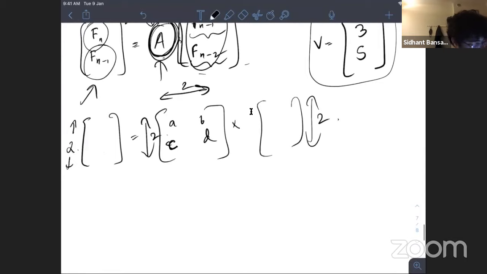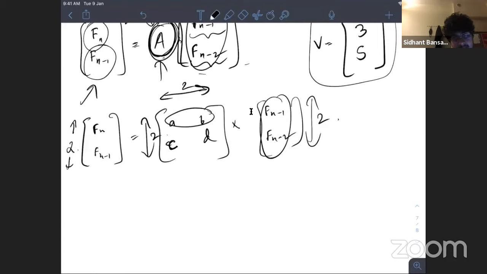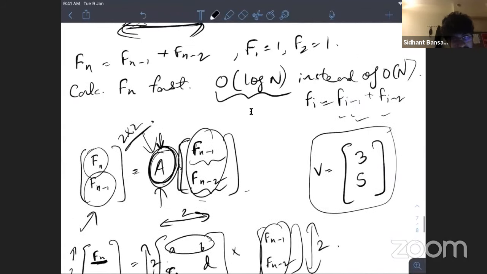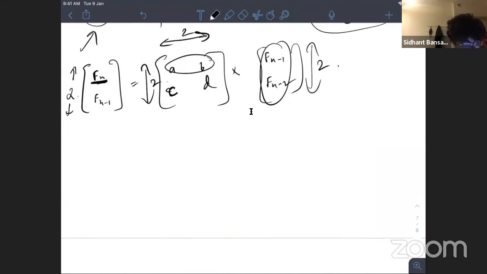So here you have Fn, here you have Fn minus 1, here you have Fn minus 1, here you have Fn minus 2. Now notice this thing needs to be multiplied with this thing, and Fn is going to be this thing. That's how matrix multiplication works. Basically, this value is going to be multiplied with this value, plus this value multiplied with this value.